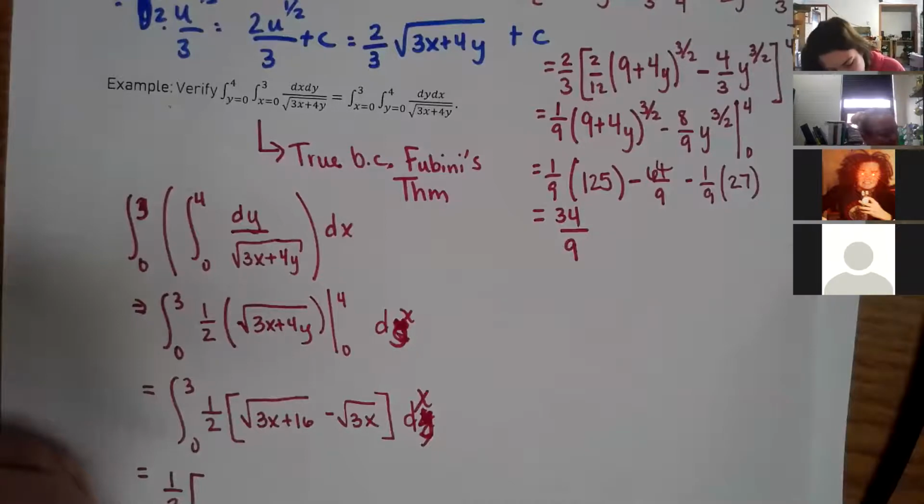So if I put in 3, that gives me 125. Take the square root of 9, 27.